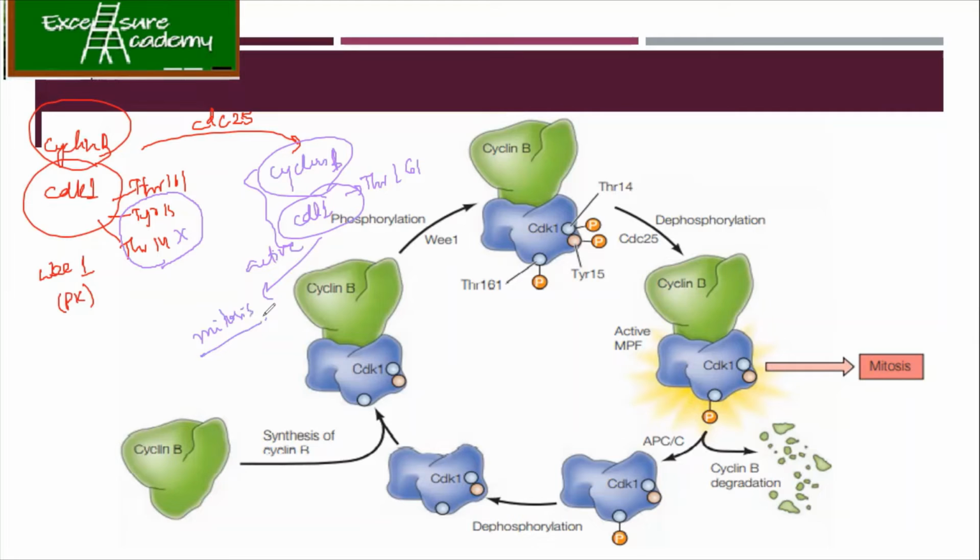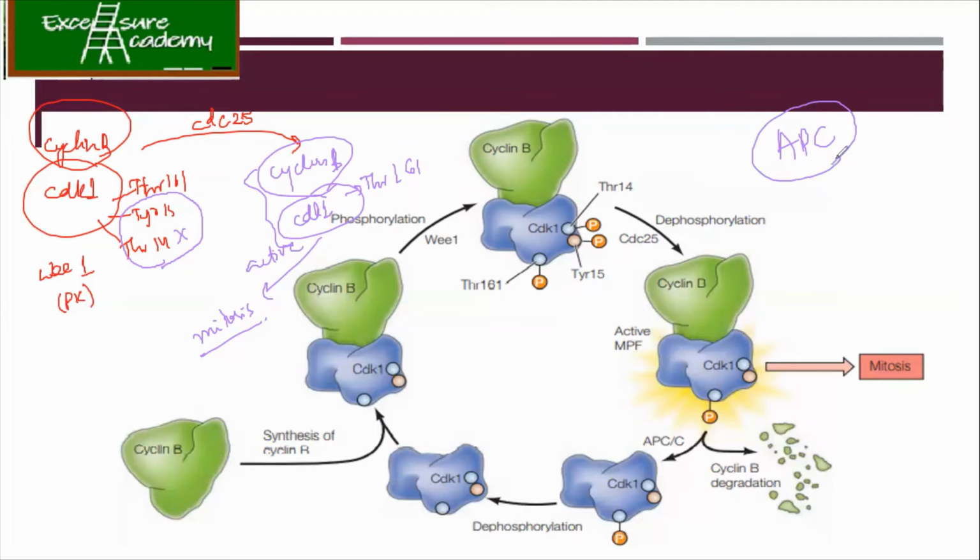Okay. Now towards the end of the mitosis, what is happening? As you see in the previous figure, towards the end of the mitosis, the cyclin levels are decreasing. So what does it mean? Then the cyclin B degradation is happening. If you remember, in the case of mitosis, we have something called APC. What is APC? Anaphase promoting complex, right?